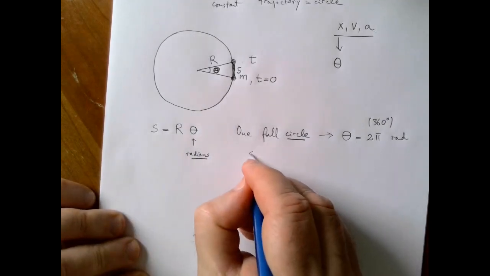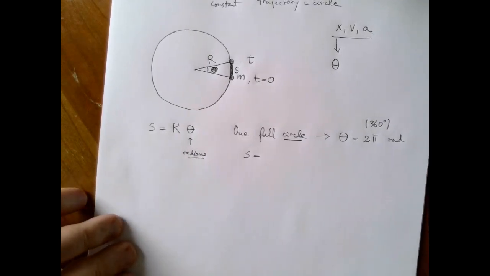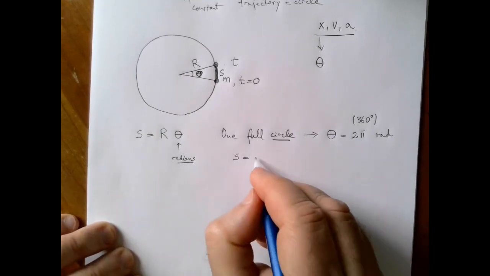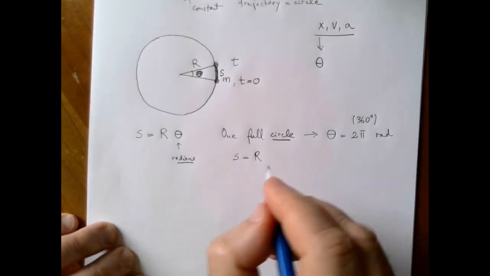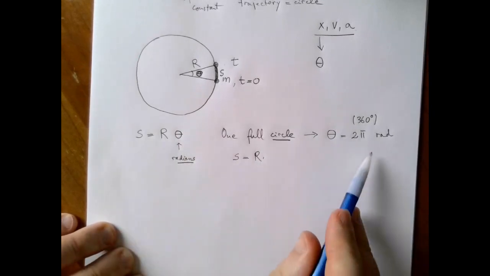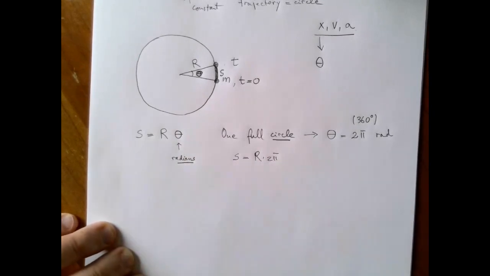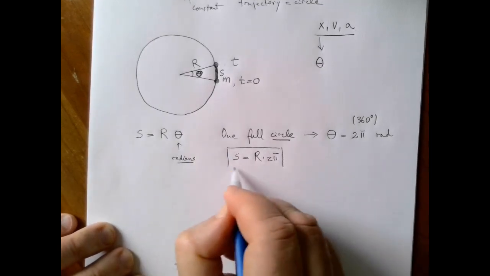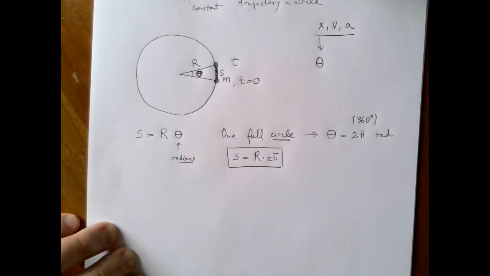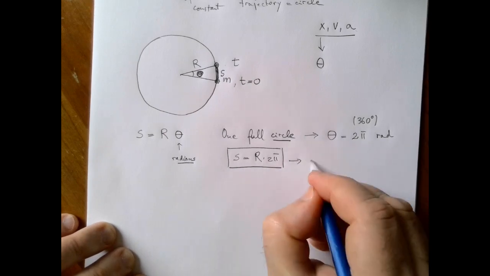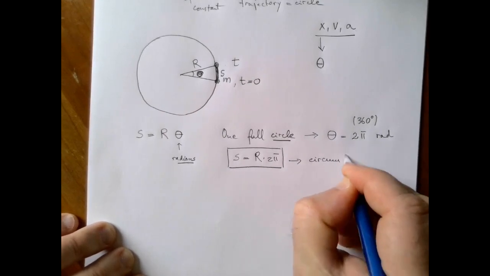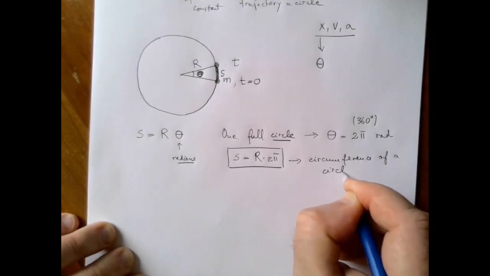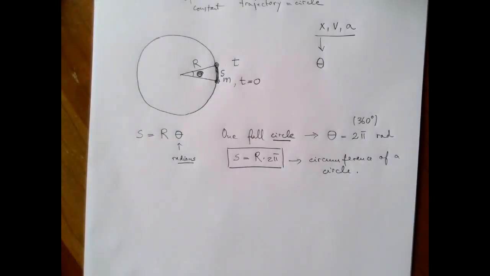What is the distance traveled by the particle as it completes one full circle? R multiplied by the angle theta, which in this case is 2 pi. So the distance traveled by the particle is 2 pi r, which is precisely the circumference of a circle, an expression that we have seen before.